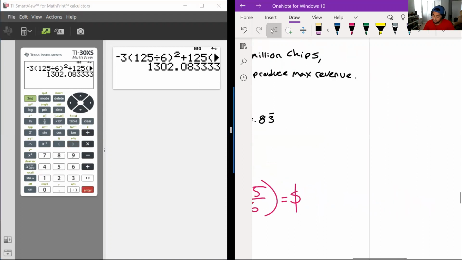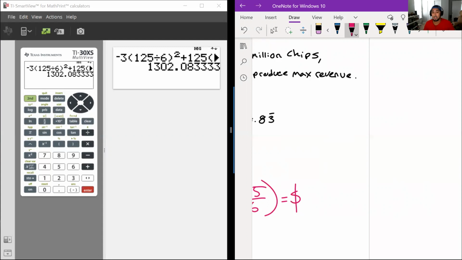And our maximum revenue, if we sell 125 over 6 million chips, I think the reason it wants to leave it as a fraction is because it's a run-on number. You can't have a run-on number of computer chips, can you? No. So they leave it as a fraction to be more exact.